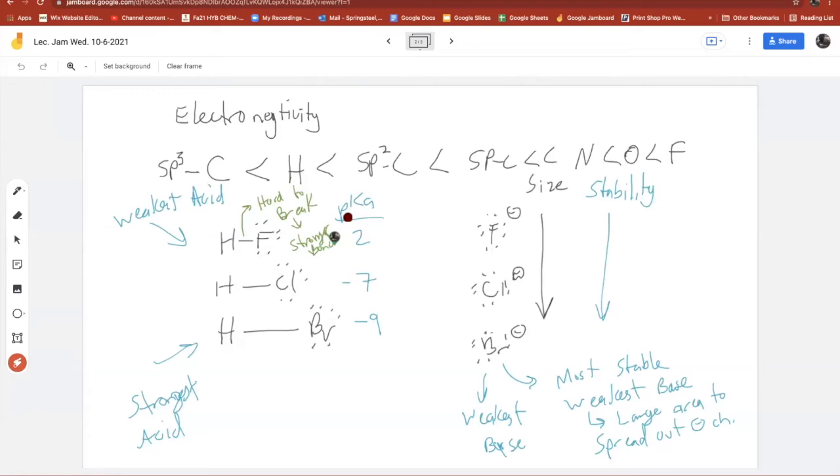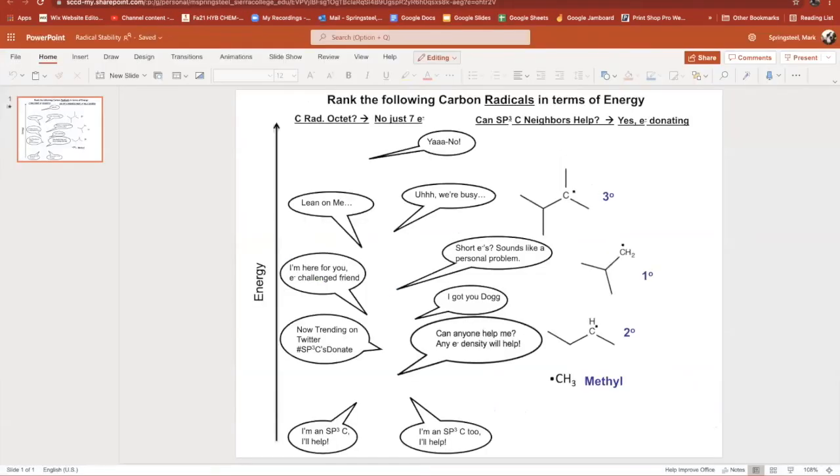Stronger bond. And the bond energy, the energy it takes to break that bond, is not there.